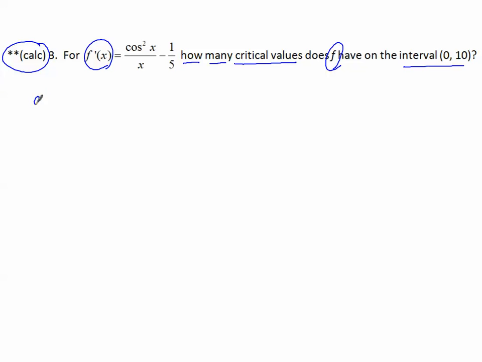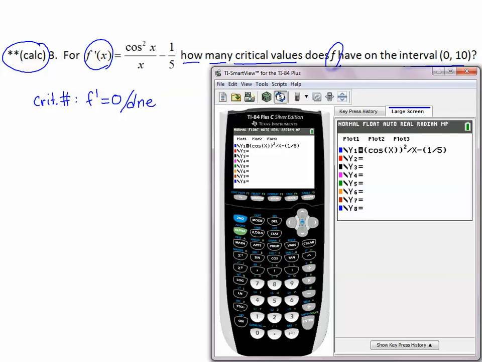Well, remember first of all that the critical number is where f prime equals 0 or does not exist. So if we go to our calculator, we want to examine the graph to find out where does f prime, which is this function, equal 0 or not exist.